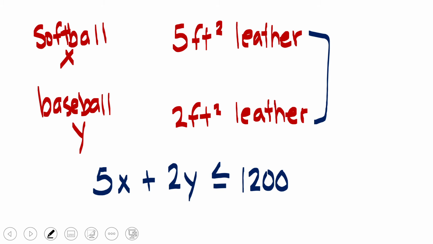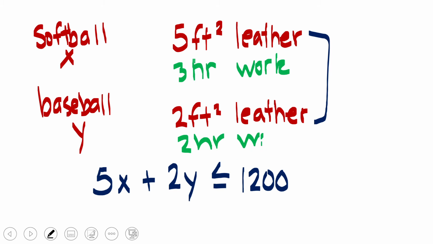Now for hours, it is 3 hours of work time to make a softball glove, and 2 hours of work time to make a baseball glove.